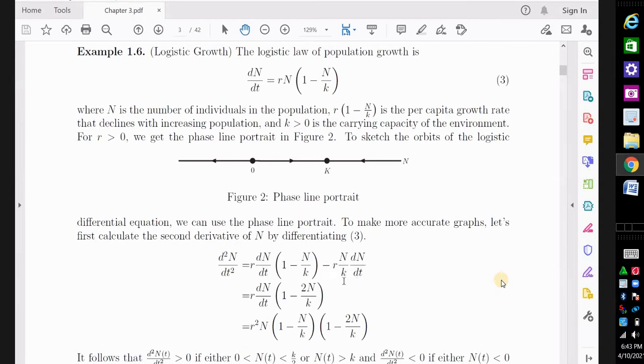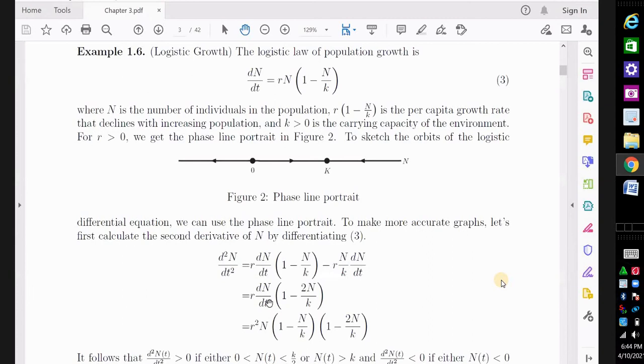Now take dn by dt common, also taking r common. So this is r dn by dt into 1 minus 2n over k. Just take 1 minus n over k minus n over k, so this is minus 2n over k.